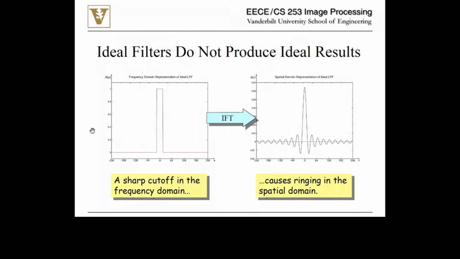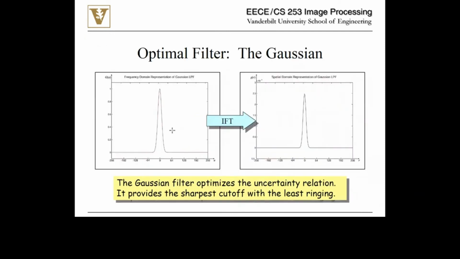The way to avoid the ripples is to smooth the transition, so to have a smoother transition, not very sharp from 1 to 0, but going smoothly from 1 to 0. And the Gaussian is the one that minimizes this uncertainty principle uncertainty, the product of the two supports in both spaces.